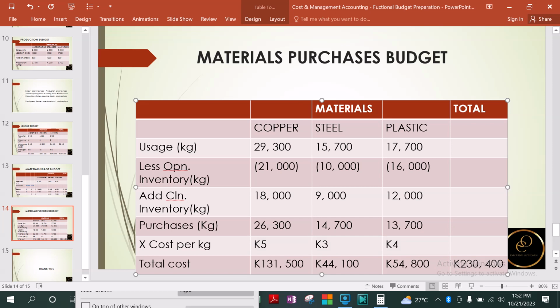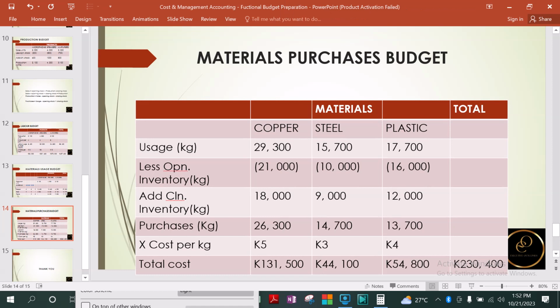So the total cost, what we are going to spend to buy the materials required, will be the result of adding all these figures for copper, steel, and plastic, to get a total of 230,400 Zambian kwacha. That will be the material purchases cost budget.